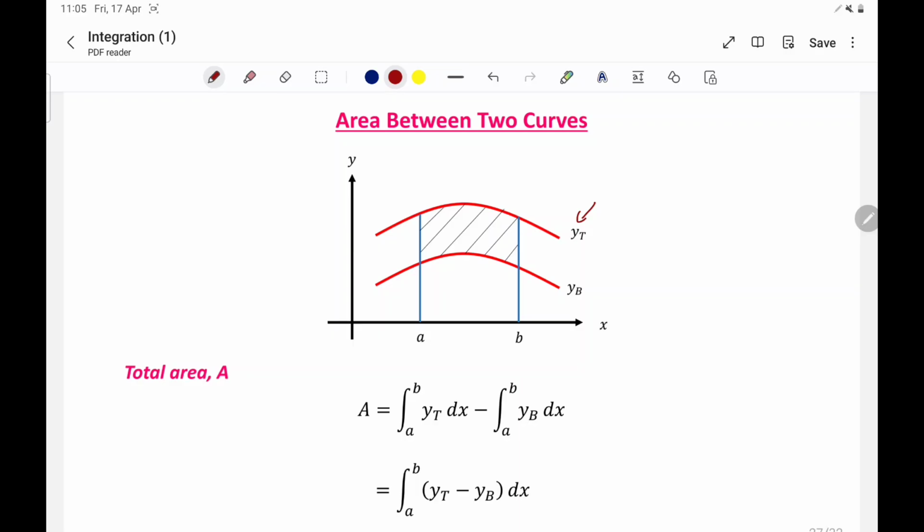Imagine that both are a fence, a top fence and a bottom fence, and you have to find the area between these two fences.